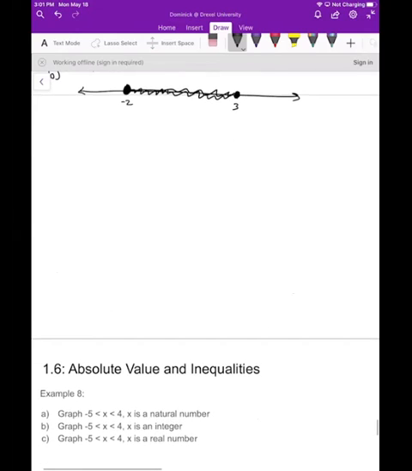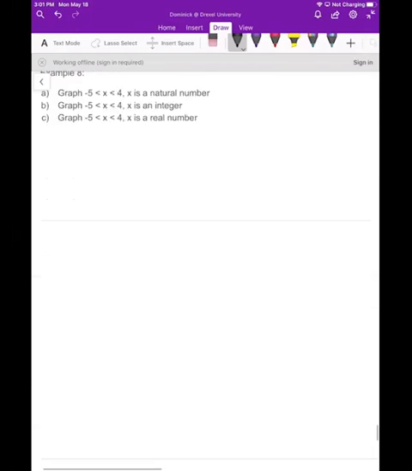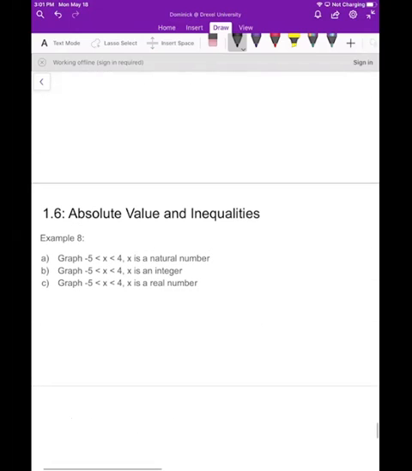Now, one more thing. Okay, so a couple more things here. So if we're given a specific type of number that we want to plot here, we have to be a little bit more careful, because now it's not just shading. So now we want x to be between -5 and 4, but we need it to be a natural number also.